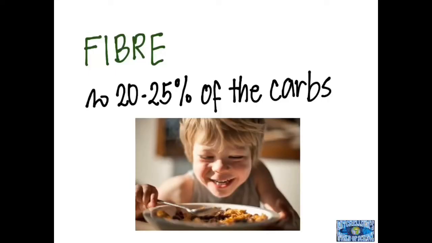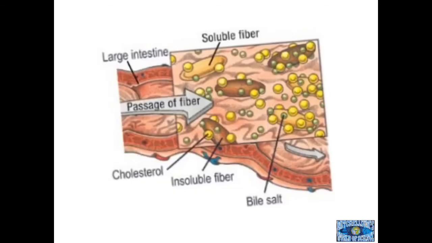Another important macronutrient is fiber. Fiber is a type of carbohydrate, and it should make up 20 to 25% of the carbohydrates that we are eating. Because we cannot digest fiber completely, it acts as a scrub brush in our intestines to help move along the feces formed during digestion so they can be eliminated from the body.